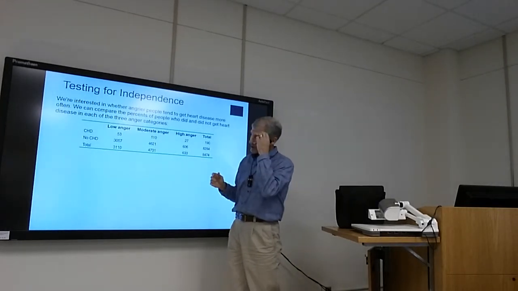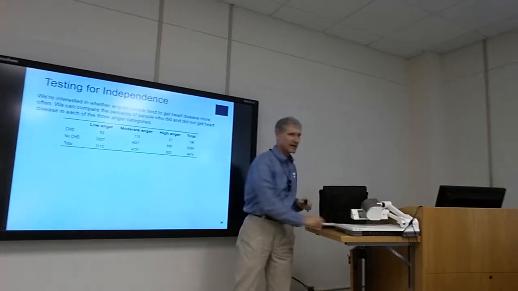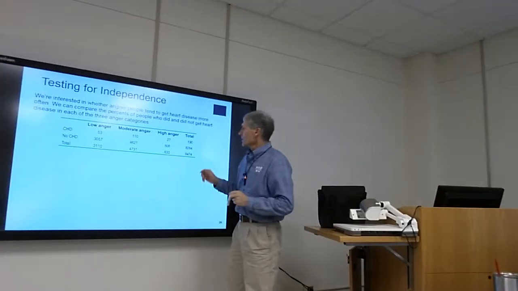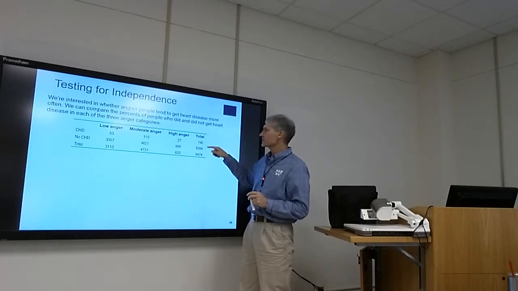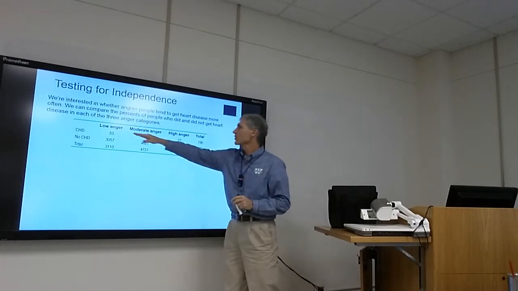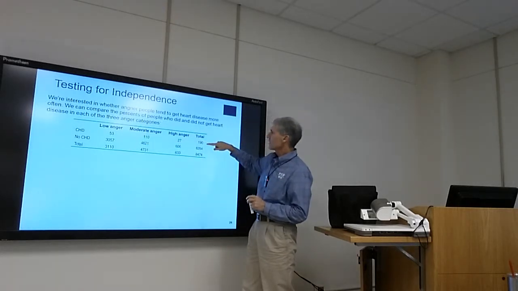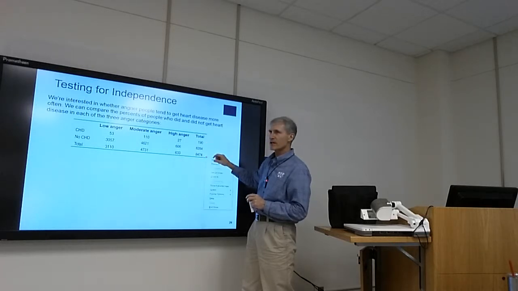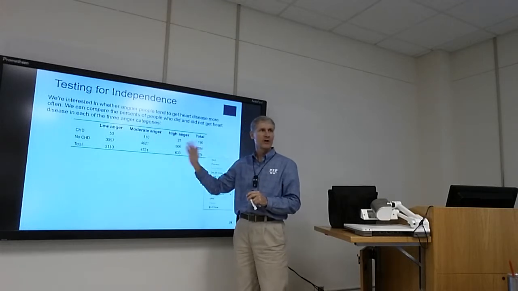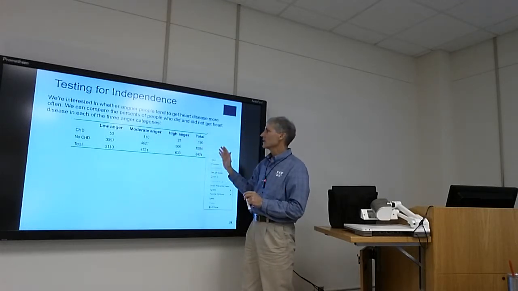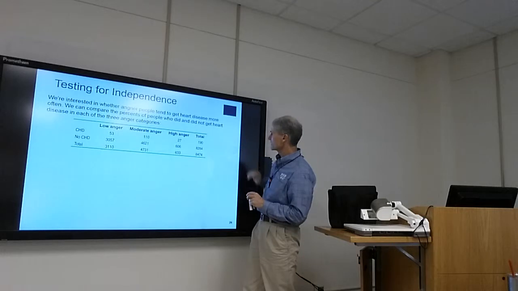So remember, when we were computing expected counts, we took the marginal probability of CHD, coronary heart disease. So we totaled this row, and we got 190. And then you divide that by 8474, and that gives you the overall marginal probability of having coronary heart disease, ignoring their anger level.